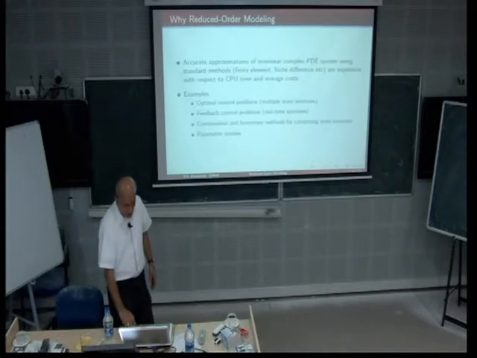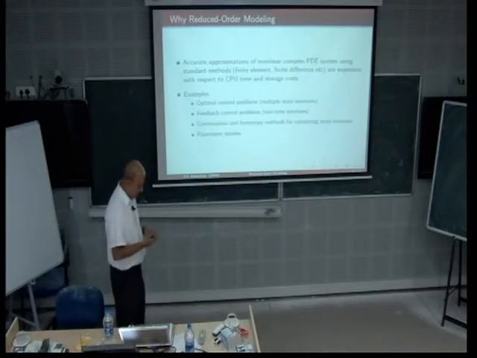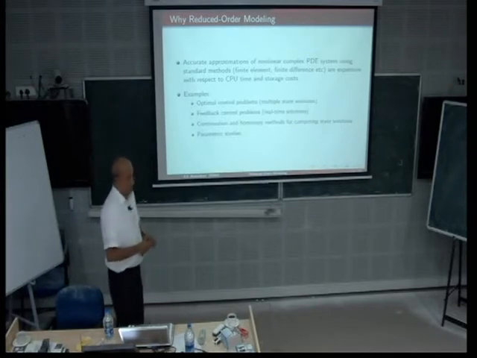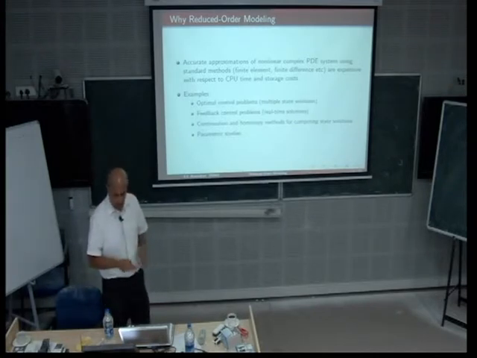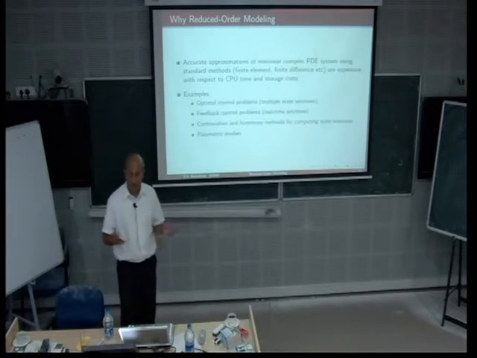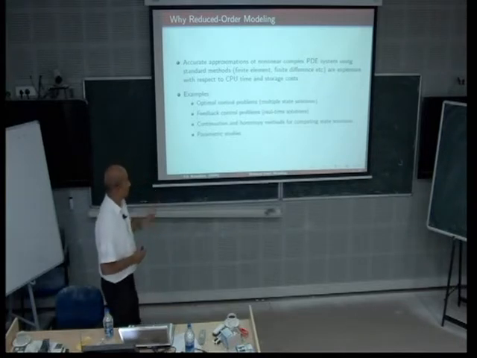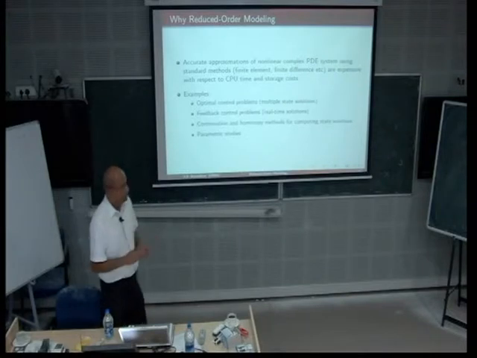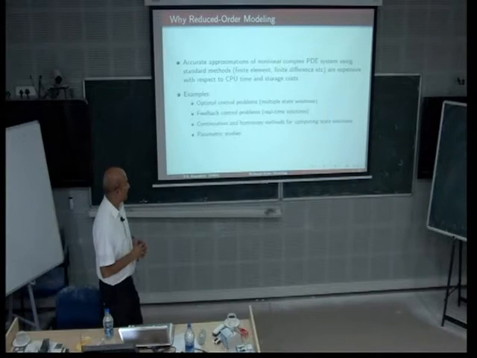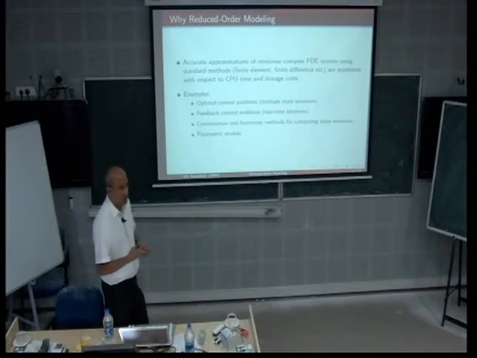So why do people do reduced order modeling? Well, approximating nonlinear complex PDEs using standard methods like finite element or finite difference is expensive with respect to CPU time and storage cost. Examples, optimal control problems. You have seen the complexity there. I will give you some more detailed examples in a minute. That requires multiple state simulations because all the algorithms are inherently iterative in nature.